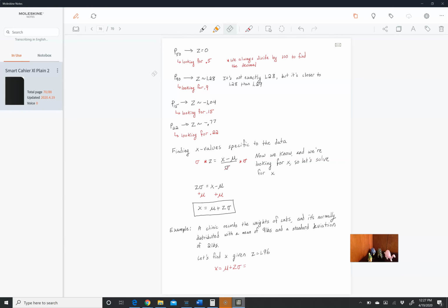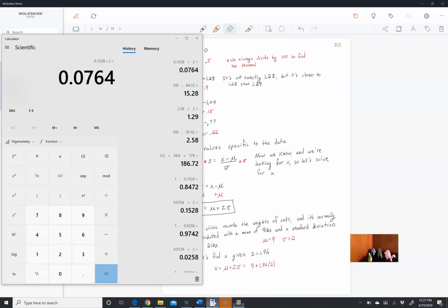So mu here is 9, then we have plus 1.96 times 2. If we plug this into our calculator, 9 plus 1.96 times 2, it follows the order of operations, and you get 12.92.